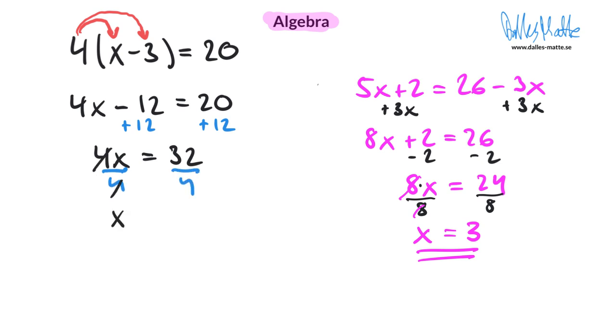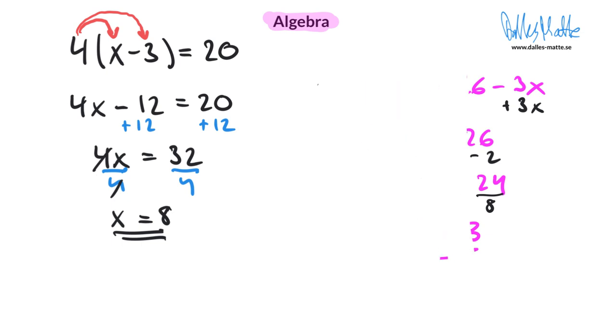You only have x left on the left side of the equal sign. 32 divided by 4 is 8. And we solved the equation. x equal to 8.